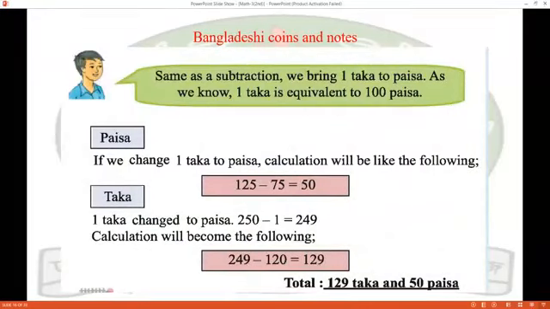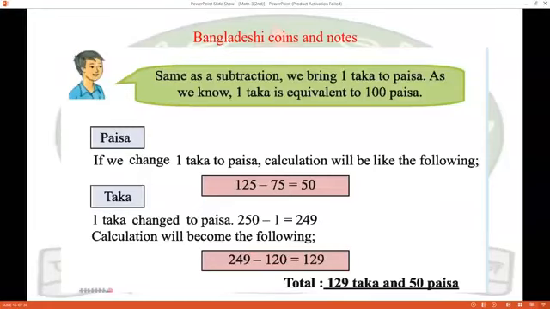This is the solution process, same as subtraction. We bring 1 taka to paisa. As we know, 1 taka is equivalent to 100 paisa. If we change 1 taka to paisa, the calculation will be like the following.